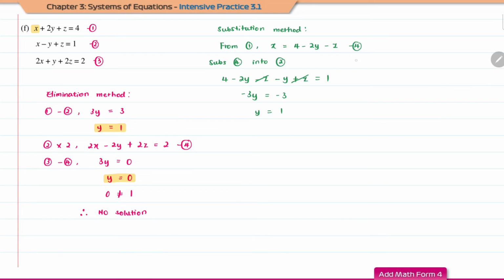So next, I'm going to substitute equation 4 into equation 3. So for 2x, we're going to substitute x by 4 minus 2y minus z, plus y plus 2z equal to 2. Expand this.